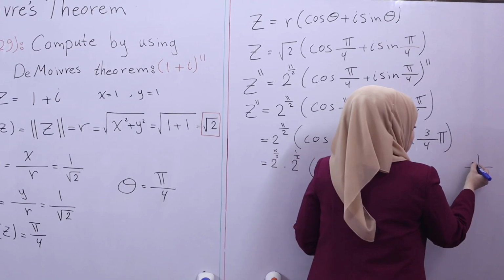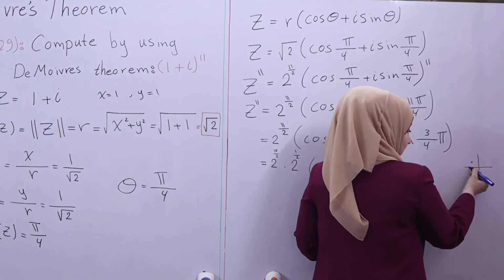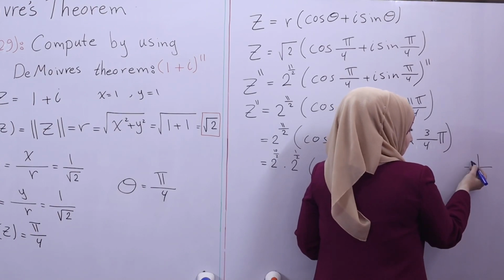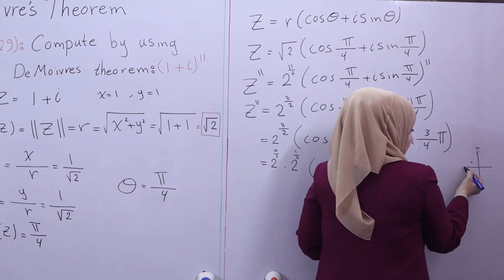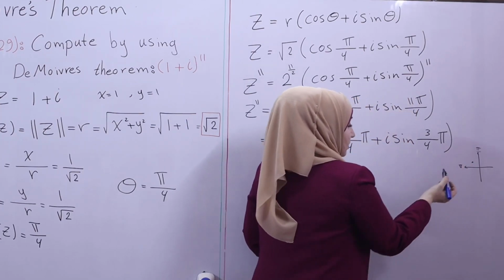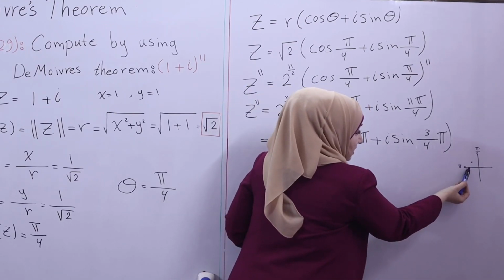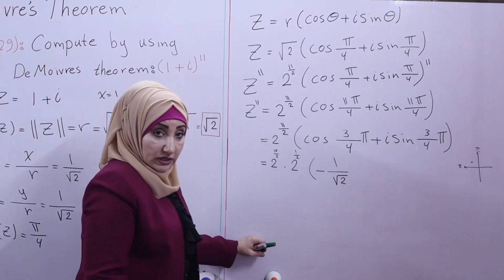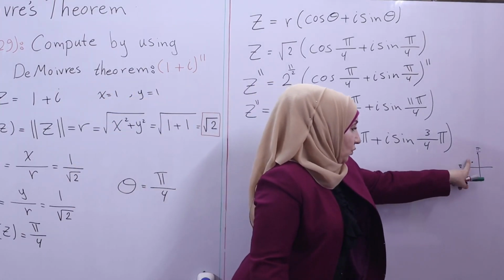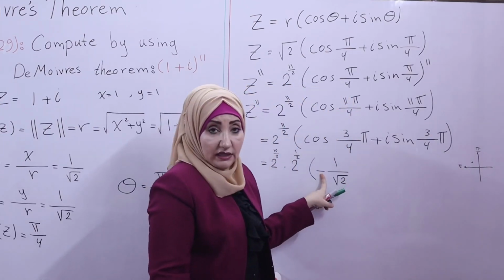وين تقع ال 135؟ أكيد بالربع الثاني لأن هذه الدورة إلى هنا 180. إذا هي أقل من 180 وأكثر من 90. مو تمام؟ Then it will lie in the second quadrant. So here, cosine in the second quadrant is negative. So it will be negative. لكن الكوساين بالربع الثاني هو سالب. إذا قيمته 1 على جذر 2 but its sign is negative.